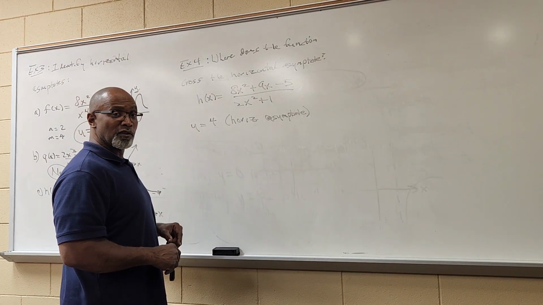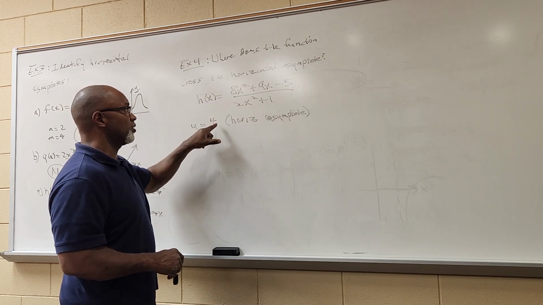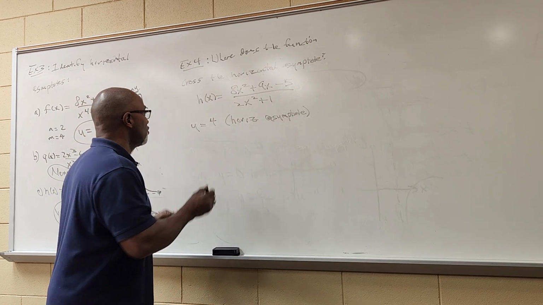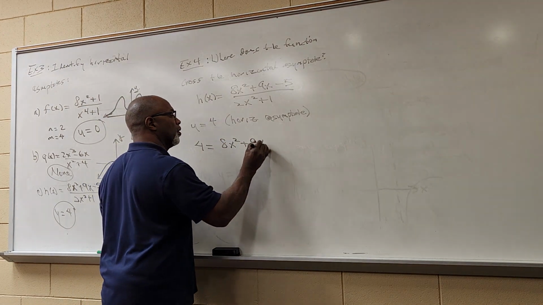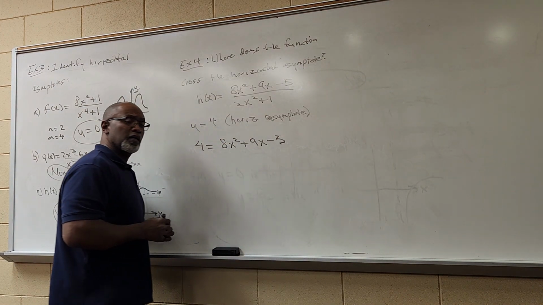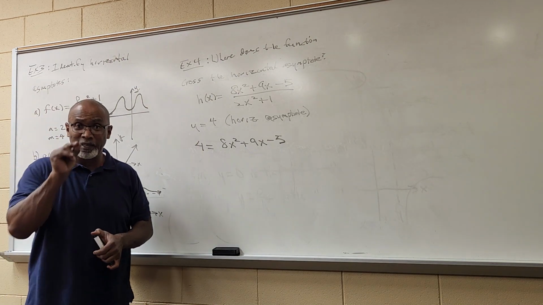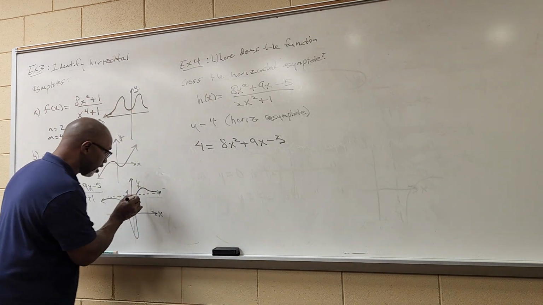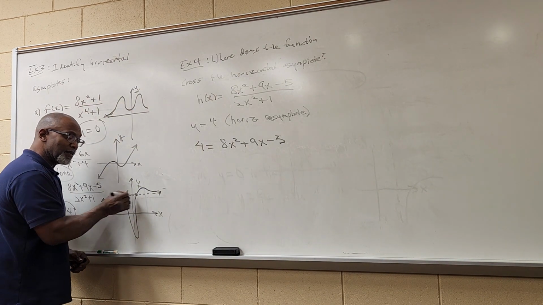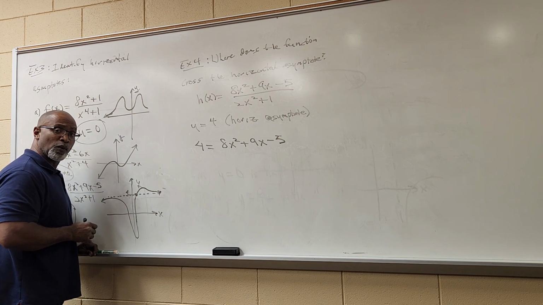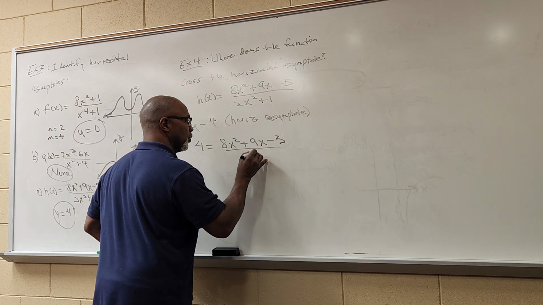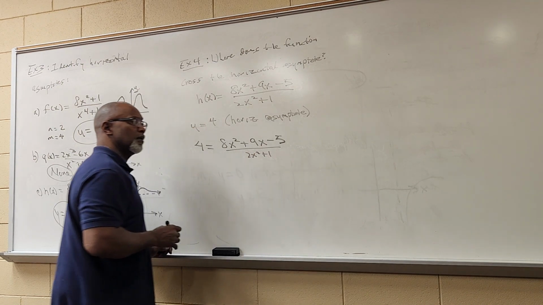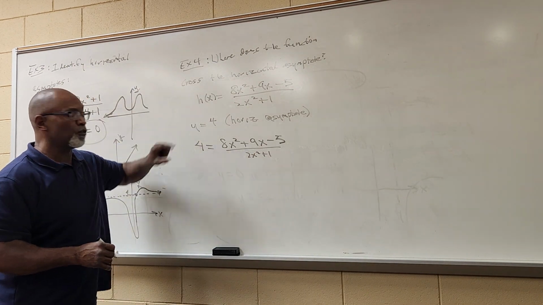Well, if they cross somewhere, then at some point this equation better be equal to 4. So I'm just going to set the equations equal to each other. If they cross, at some point they're going to have the same y coordinate. So set them equal, and it's still over 2x squared plus 1. It's this whole function equals that whole function.